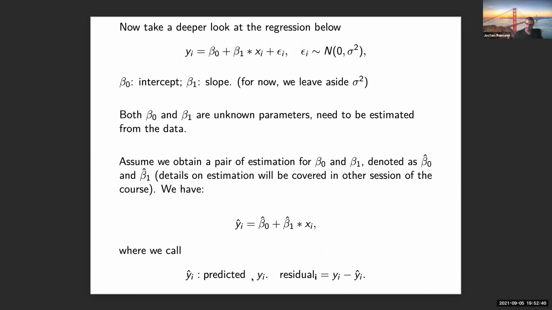So this is subject 3, and subject 3 had, let's say, 4 life events. There will be a certain prediction, and this difference is the so-called residual. Good.